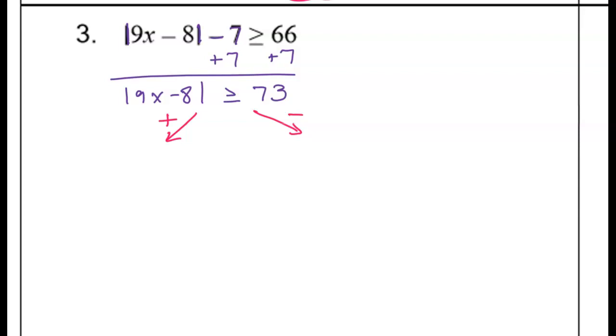Now is when I get rid of the absolute value: 9x minus 8 is greater than or equal to a positive 73. And then I have 9x minus 8. Remember, on the negative side, I flipped the sign. So it was originally greater than or equal to, now less than or equal to, negative 73.